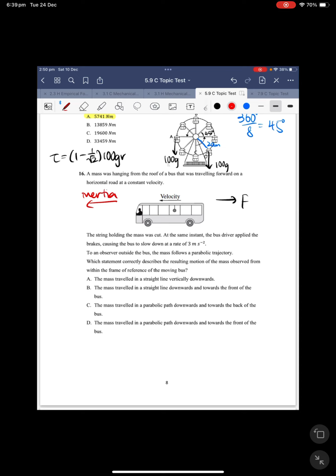So the mass is going to want to keep moving in the direction of the bus. And so when the string is cut and the bus slows down, it's going to follow a path like so, because its inertia is going to carry it that way, and then also gravity will pull it down. So it's going to follow that sort of path there. And so the correct answer should be D. Travels in a parabolic path downwards and towards the front of the bus.